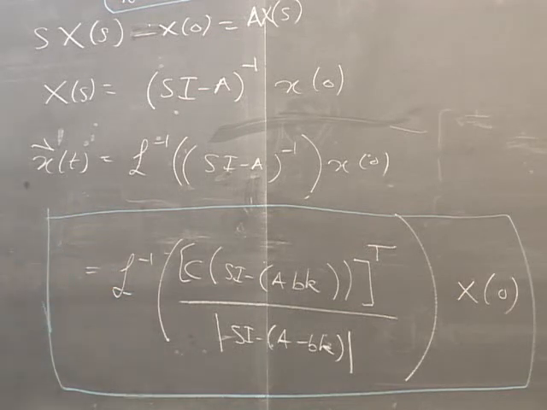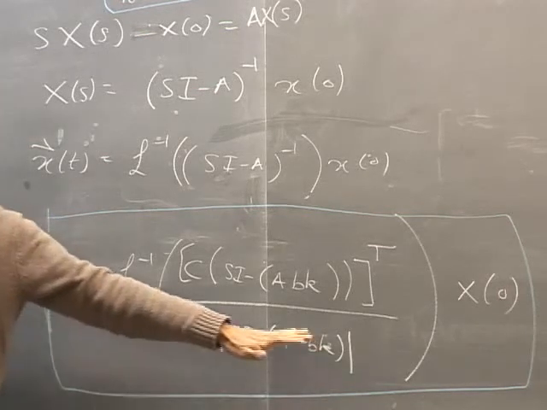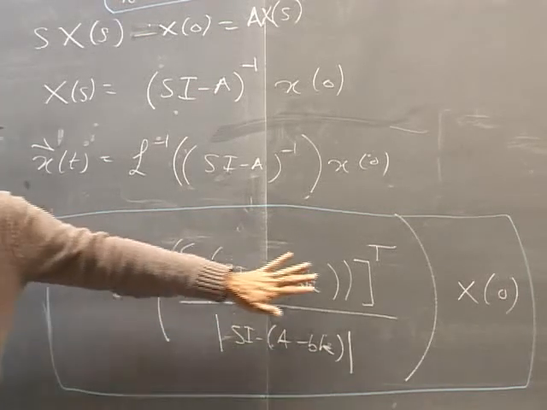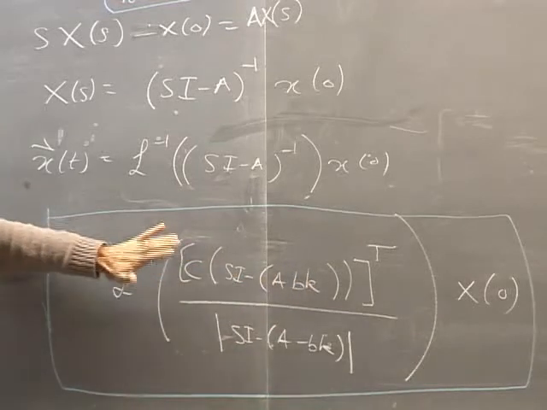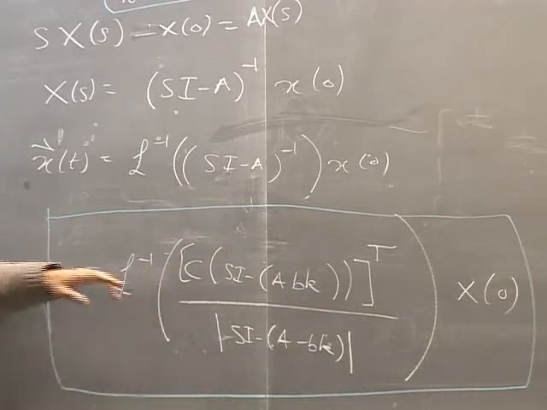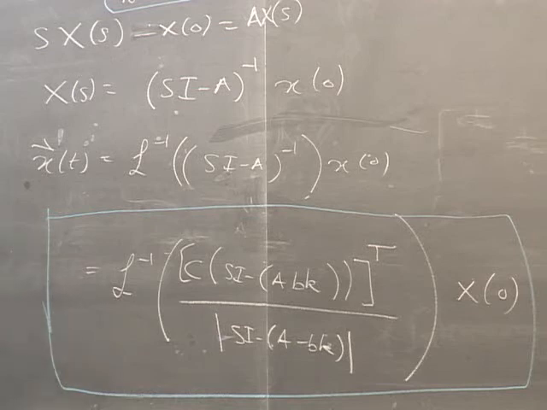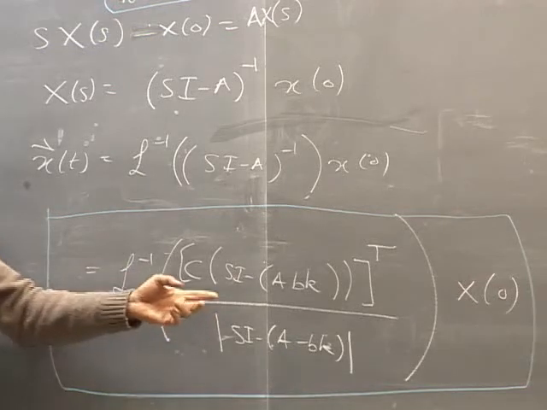If you remember last time's lecture, on the bottom we had the determinant of sI minus A, and we had this cofactor over here, and what I argued was that this is a ratio of polynomials. If you look at it again, you'll find that this will continue to be a ratio of polynomials in s.